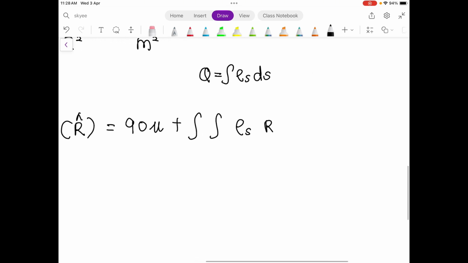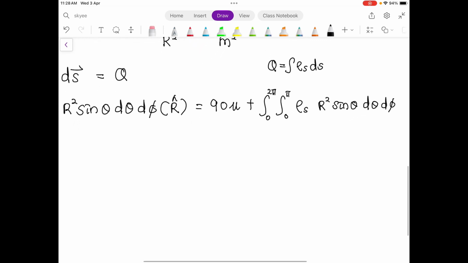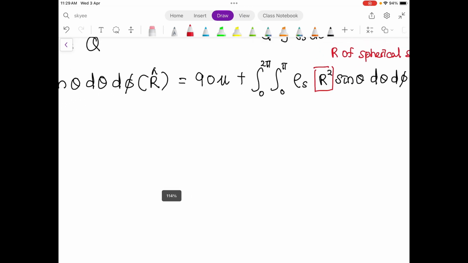Then it will be r squared sine theta d theta d phi, with the interval from 0 to 2 pi. So this one will be the R of the spherical shell.